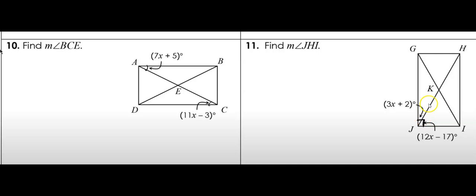One of our properties for rectangles is that these two angles are going to equal 90 degrees because they form a right angle. So we're going to add these two angles together: 3x plus 2 plus 12x minus 17 is going to equal 90 degrees. From here, we're going to solve for x.